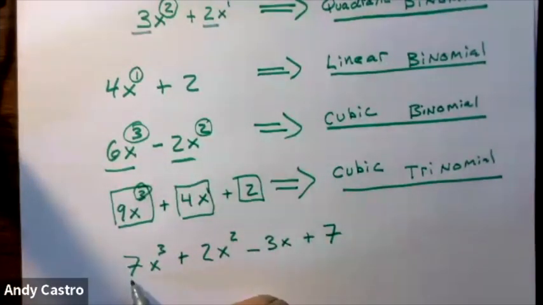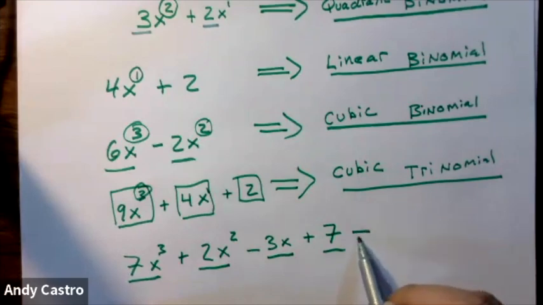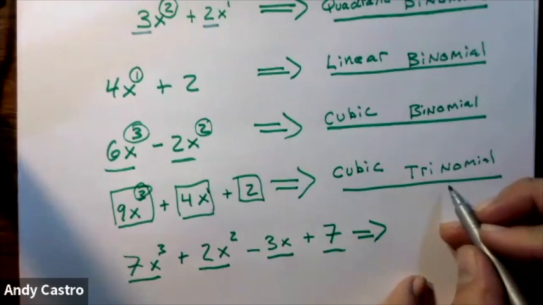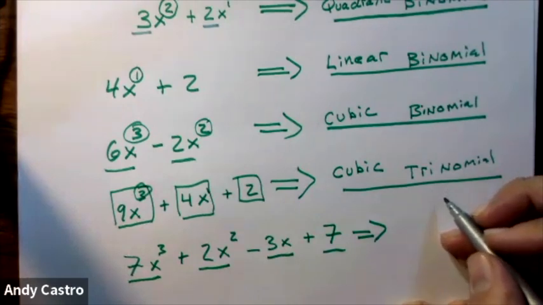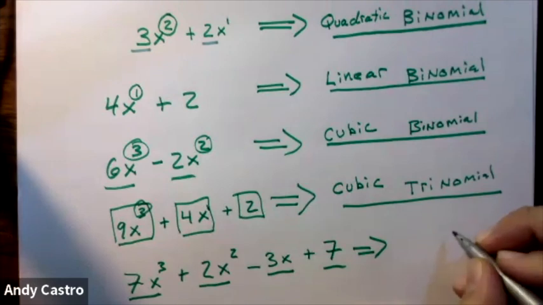Okay. Now we have 1, 2, 3, 4 terms. All right, so what do we call 4 terms? Well, once you pass trinomial, then it just becomes the word 4 term.